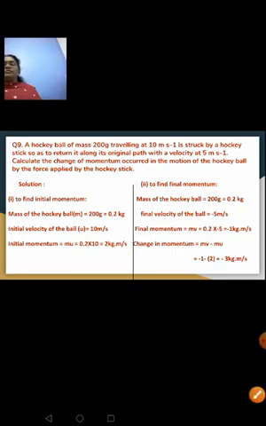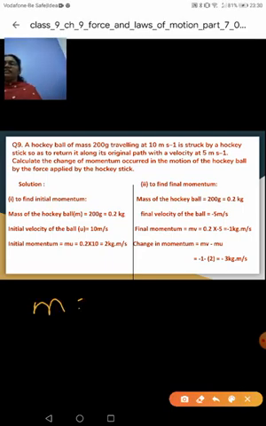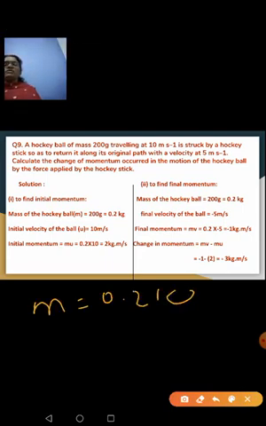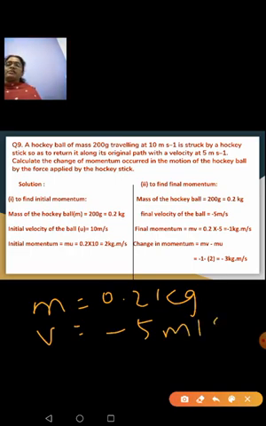Final momentum, my mass will be 0.2 kg. There is no mass change here. The mass of the ball remains the same. Velocity, I will write it as v because it is hit by the hockey stick. The velocity changes and it is moving in the opposite direction. So I'll write it as minus 5 meter per second.